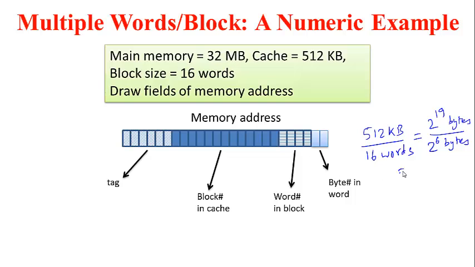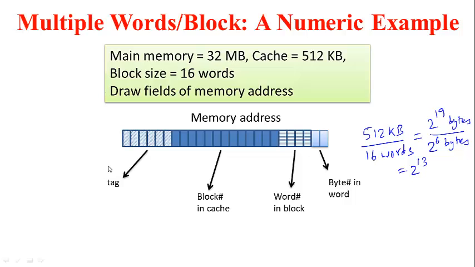So this ratio corresponds to 2 power 13, which is the number of blocks in the cache. So we need 13 bits to represent the block number in cache. The overall memory address size in this case is 25 bits because the main memory size is 32 megabytes. So we realize that there are remaining 6 bits after the block number in cache. These MSB bits will correspond to the tag, the cache tag field.